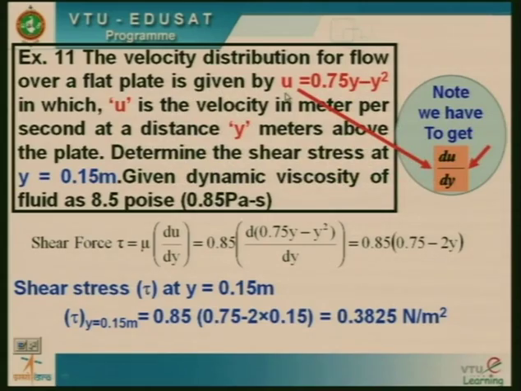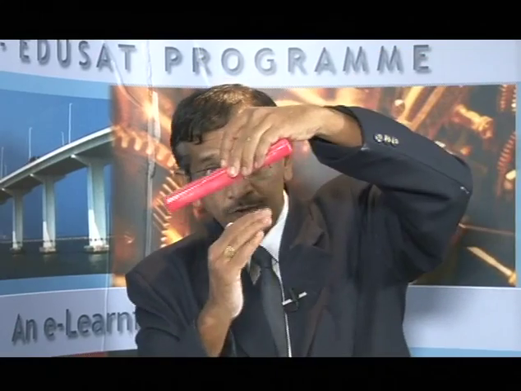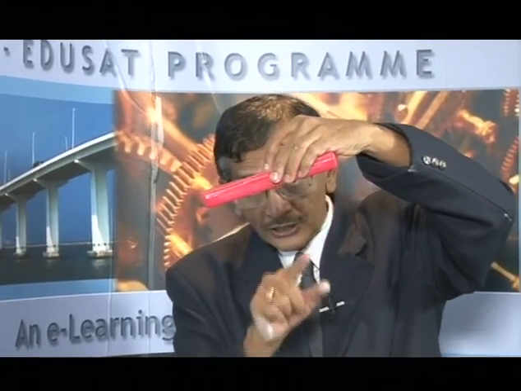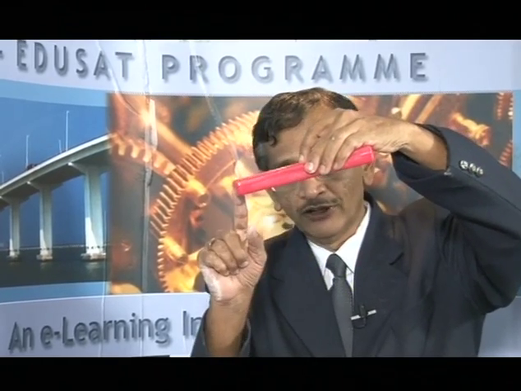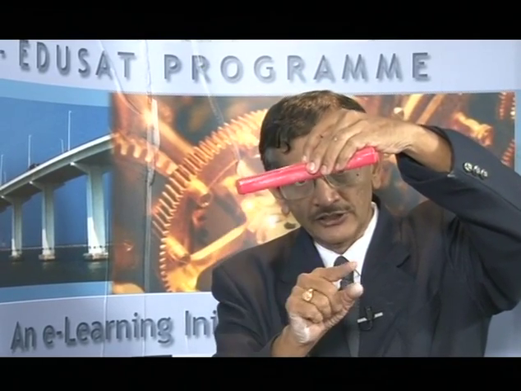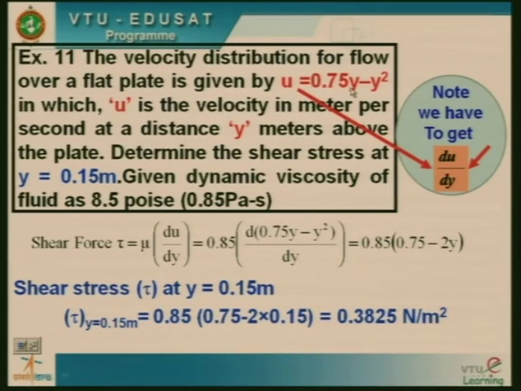So you understood that sometimes the velocity distribution over the flat plate is not linear. Earlier we have taken linear velocity like this, maximum velocity was 50 centimeter per second and z is 0 here. Now it is not, the equation is given, you can see here u is equal to 0.75 y minus y square. It is a second degree equation, not linear.